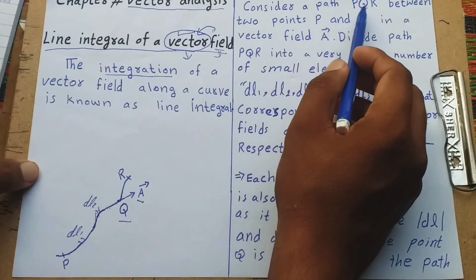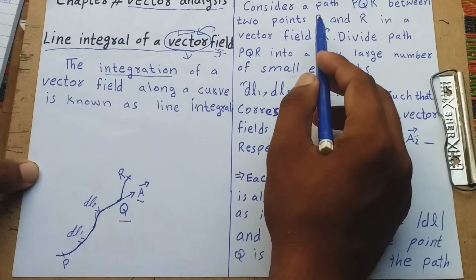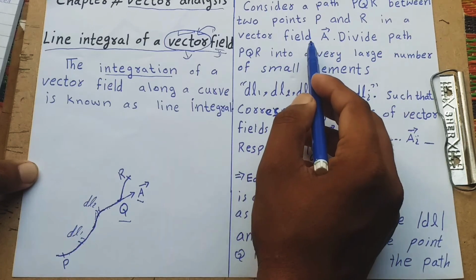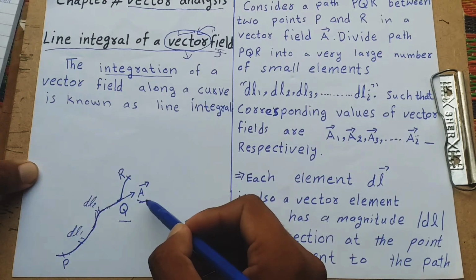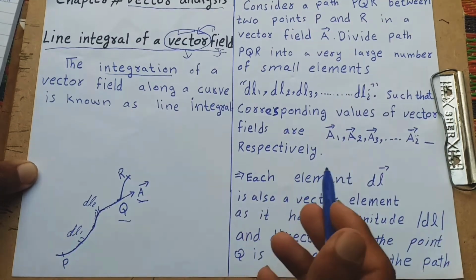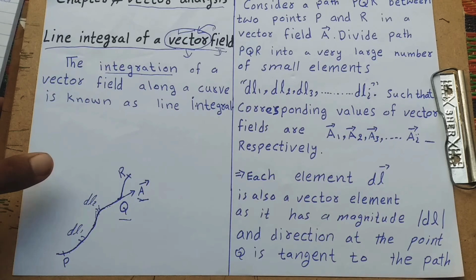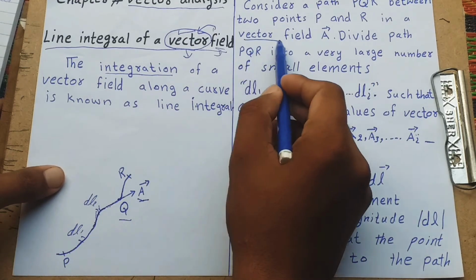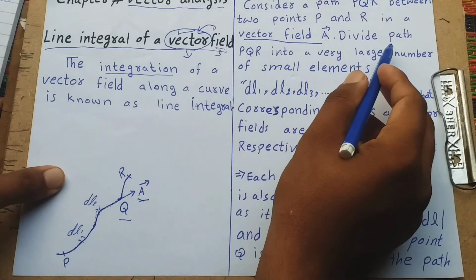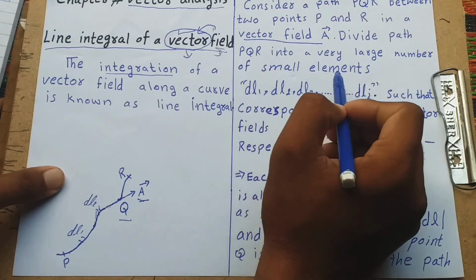Consider the path PQR, with two points P and R in a vector field. This is a vector field. Divide the path PQR into a very large number of small elements.